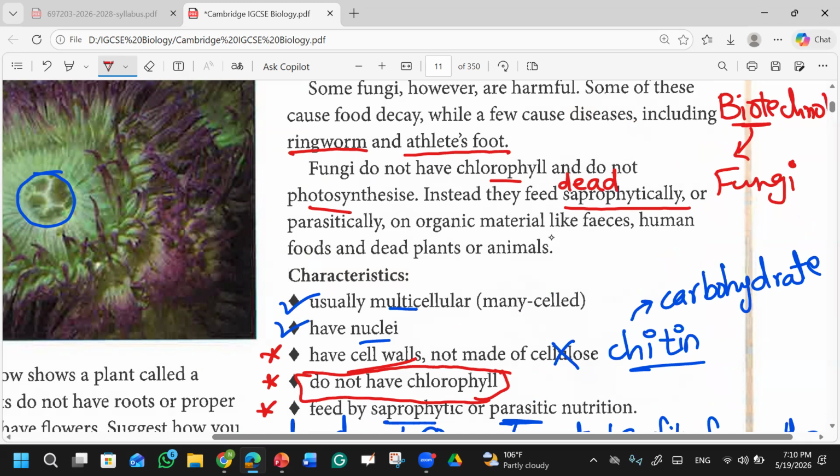Dead is like it can't do anything, but decay is like it has a little bit of life in it. These two terminologies are related to time. If a person is dead two or three days before, that is dead. Decay means that person was dead a few years before.